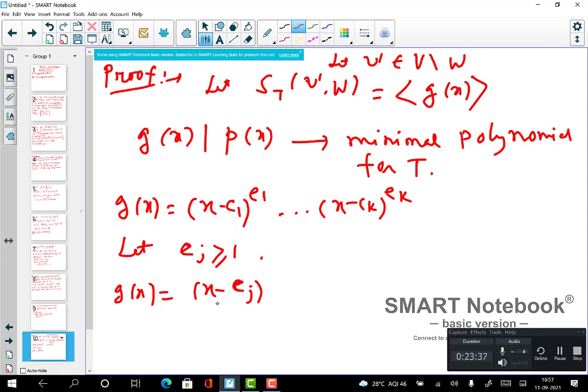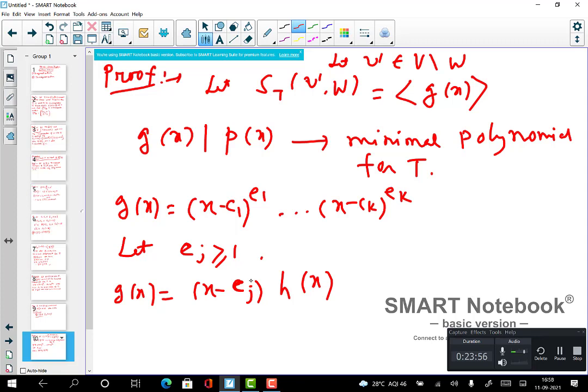So at least one of the factors x minus c_j will be there, with some other polynomial h(x). It can be 1 also, a constant, but it doesn't matter. Whatever the polynomial, g(x) will be of the form (x minus c_j) times another polynomial.